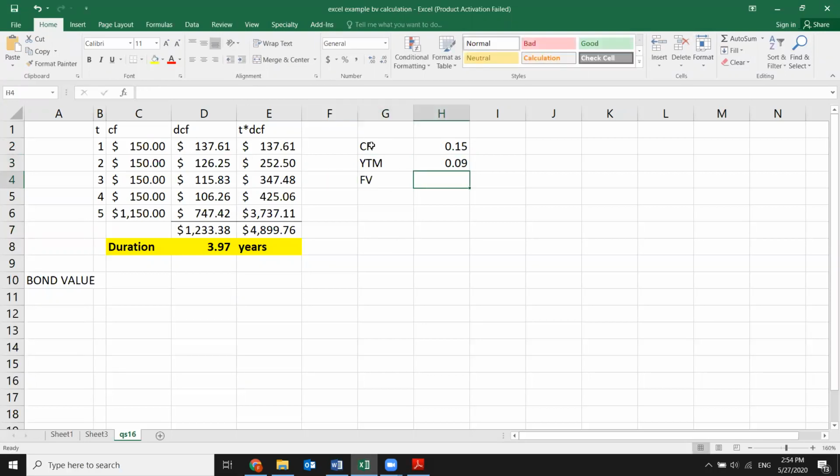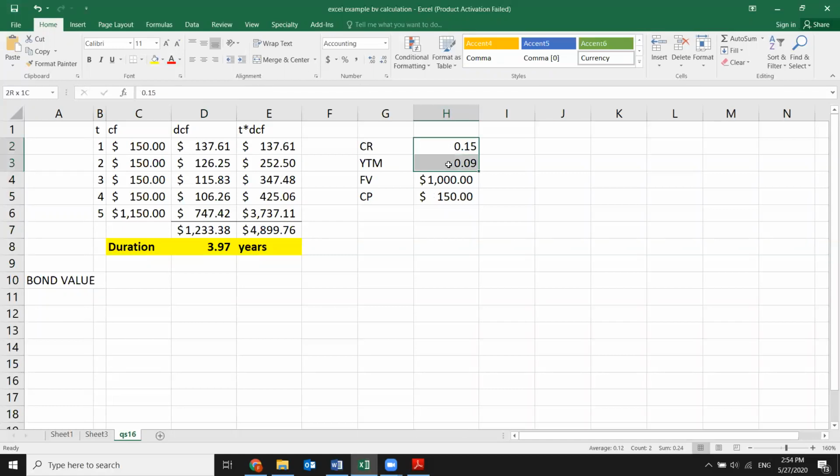Face value is 1,000, and coupon payment is face value times rate, which is 150. Okay, this is what we have: face value, coupon payment, and these are the rates. All this information is given. Now we are looking for the total value of the future investment.